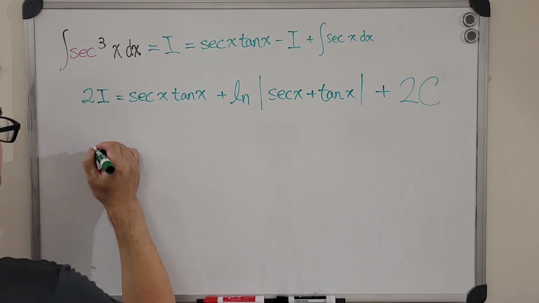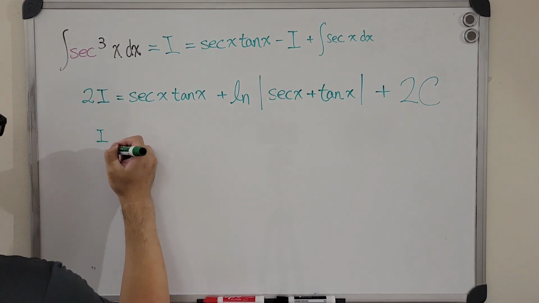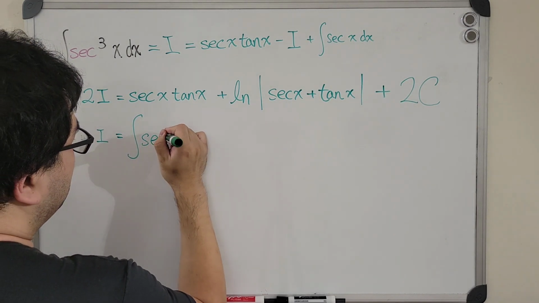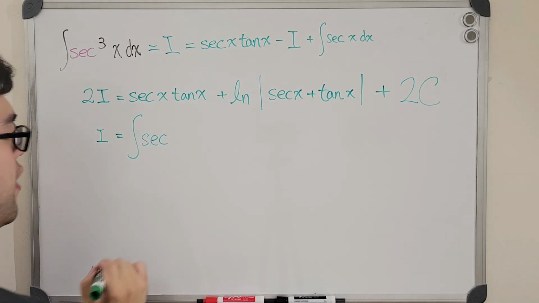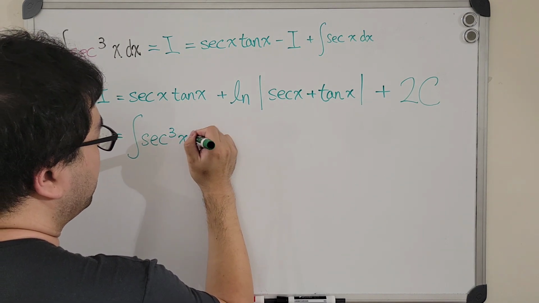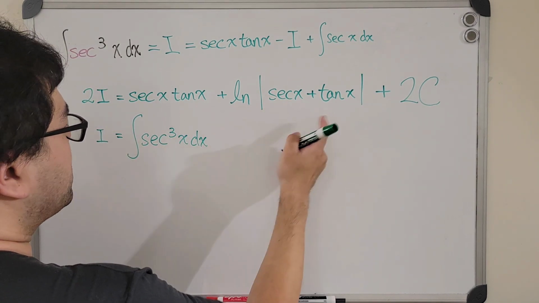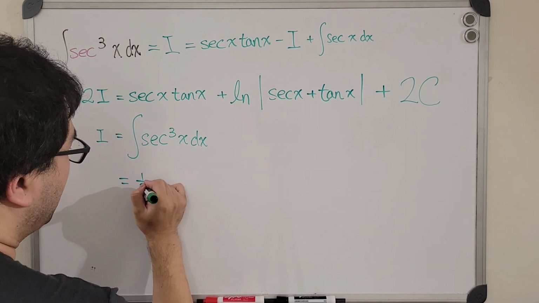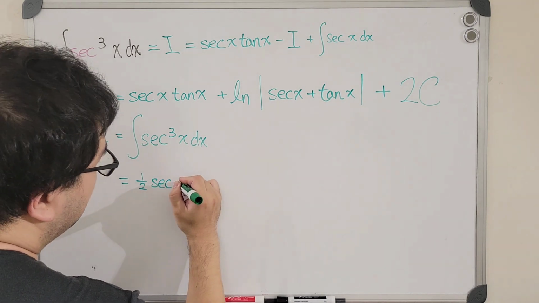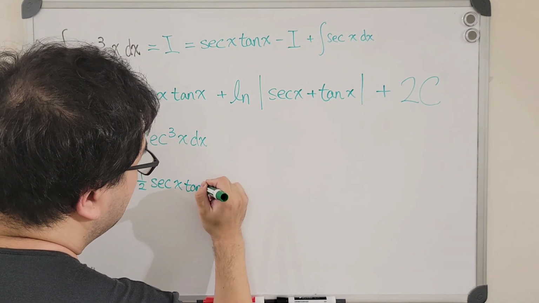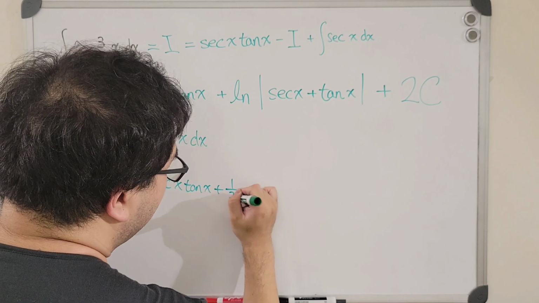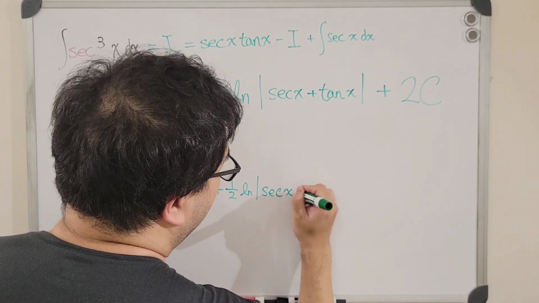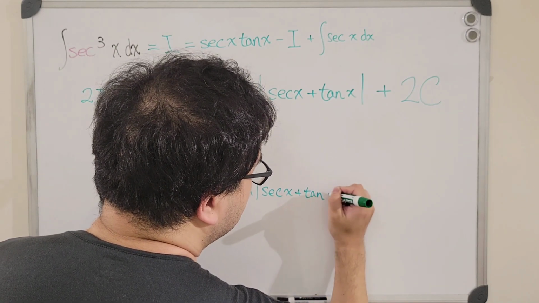by 2 to get that I, which is the original integral that we started off with, the integral of secant to the third power of x dx, is now equal to half of the right hand side, which gives us 1/2 secant x tangent x plus 1/2 ln of the absolute value of secant of x plus tangent of x.